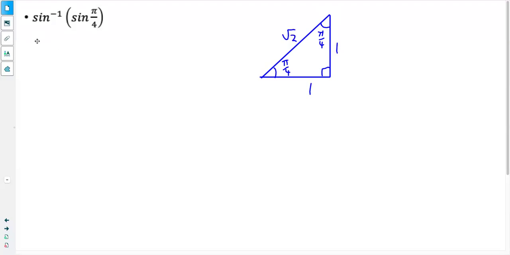So we have sine negative 1 of 1 over root 2, and this will essentially just take us directly back to an angle of pi over 4, because we know sine of pi over 4 gives us that 1 over root 2.